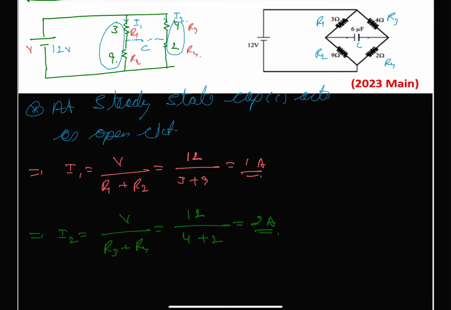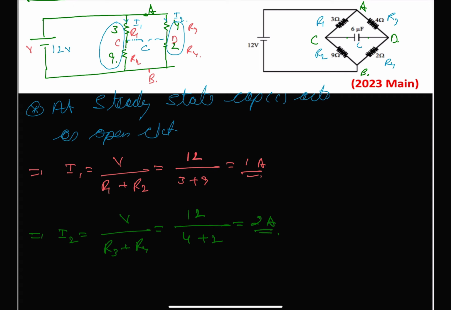We call this point A and this B, C and D. So this common point will be our A and this will be C, D, and this common point will be our B. So we need to find out the potential difference between C and D, which will give us the voltage drop across the capacitor.